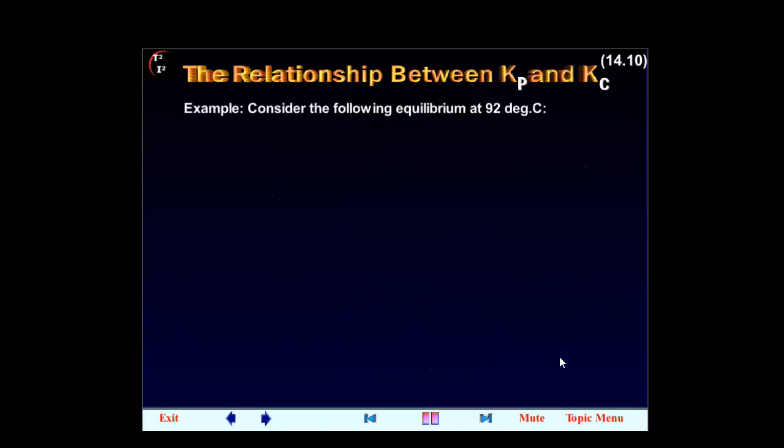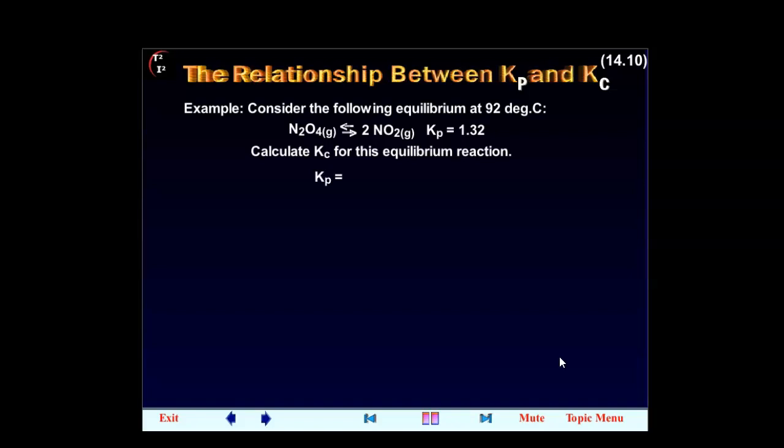Example, consider the following equilibrium at 92 degrees C. Calculate K sub C for this equilibrium reaction. K sub P is equal to K sub C times the quantity RT to the power delta N. Delta N equals 2 minus 1 equals 1.